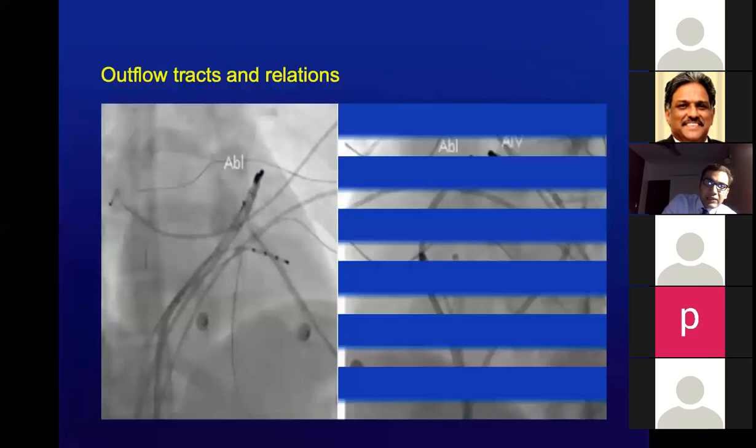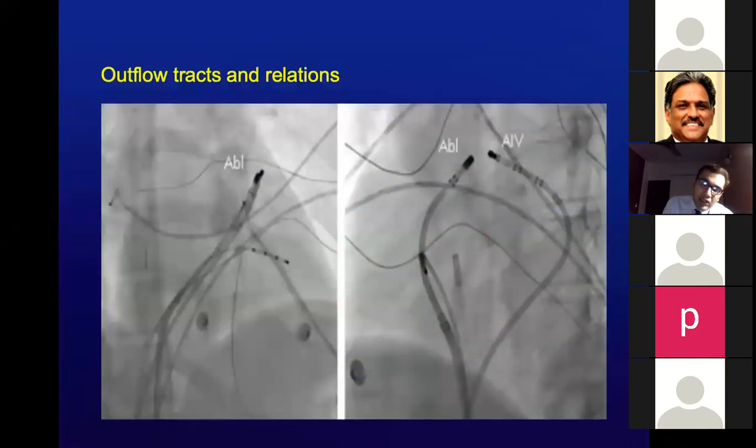We did discuss the outflow tract and its various relations. Again, this catheter is within the coronary sinus, which is on the epicardium, and this is an endocardial surface catheter, which are within the right ventricular outflow tract. Remember, anterior, and it is superior. That's where the right ventricular outflow tract is.